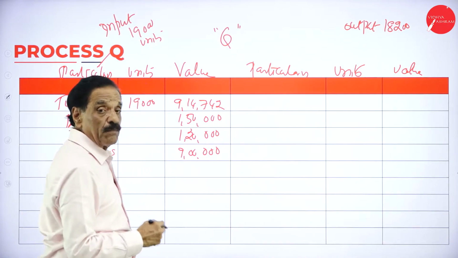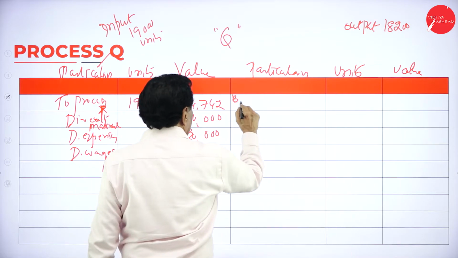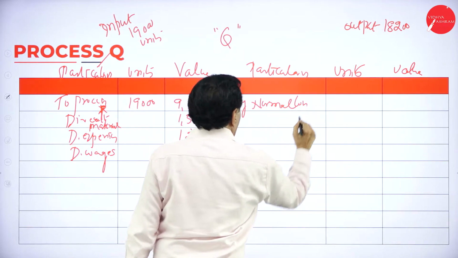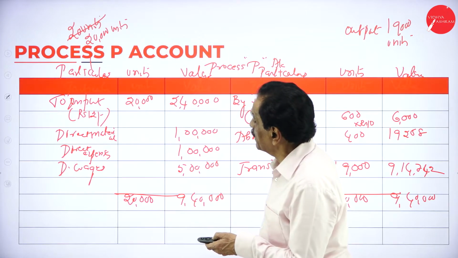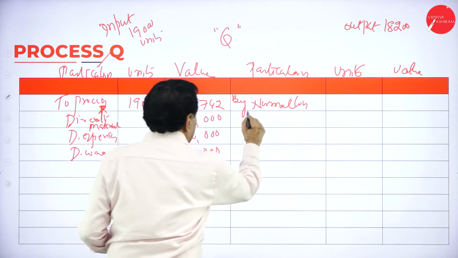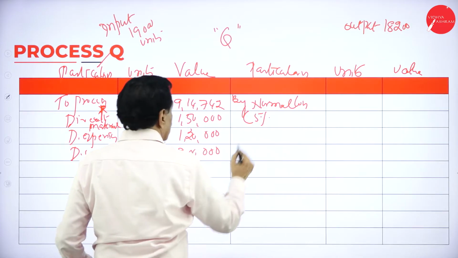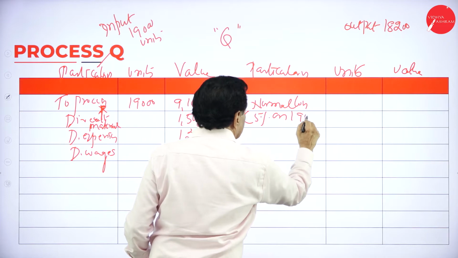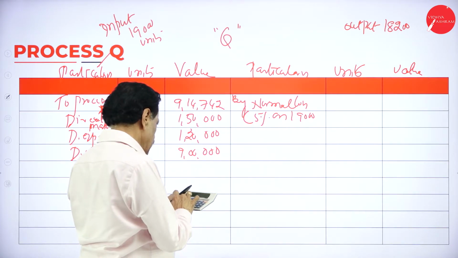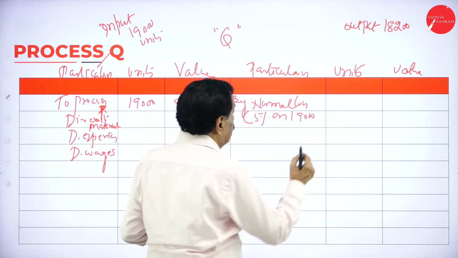Heavy expenditure by normal loss. What's the percentage? 5% on 19,000 units. So 19,000 into 5 divided by 100 is 950 units.